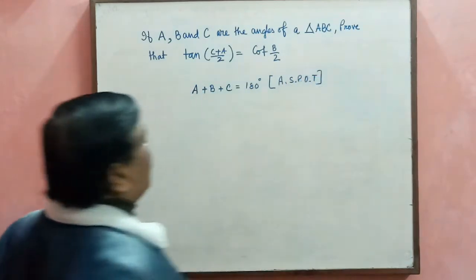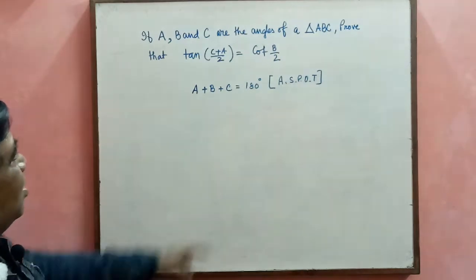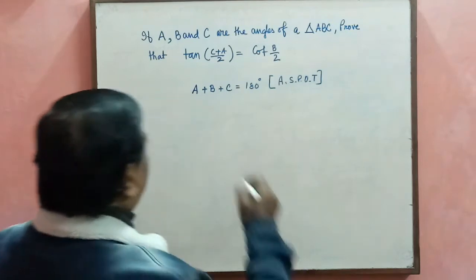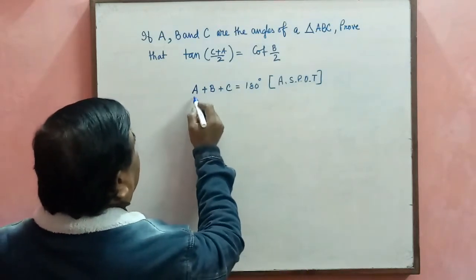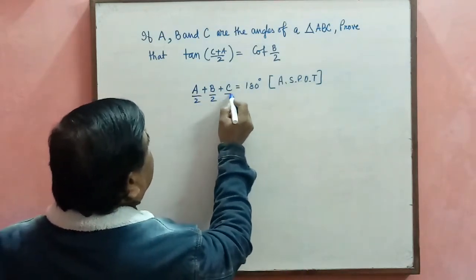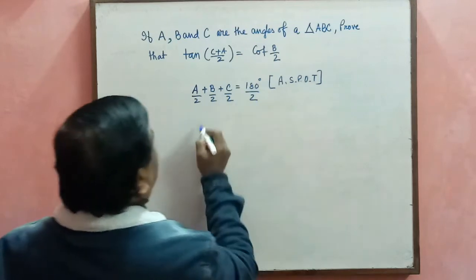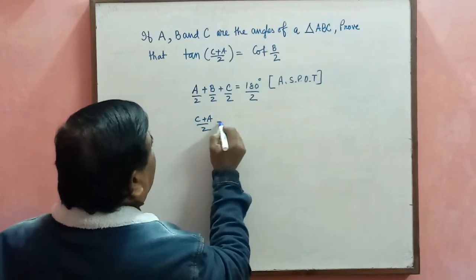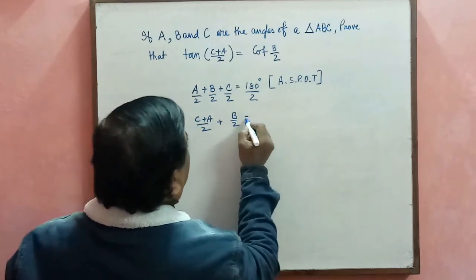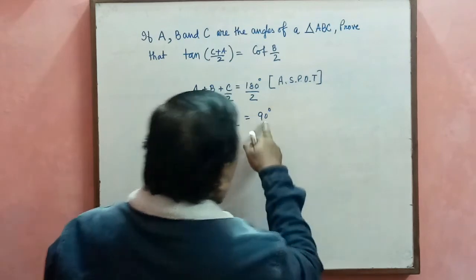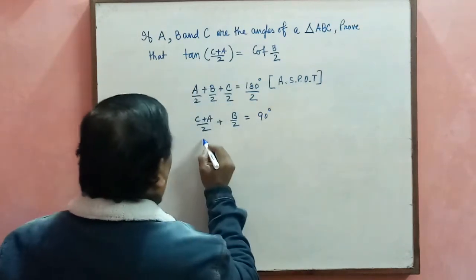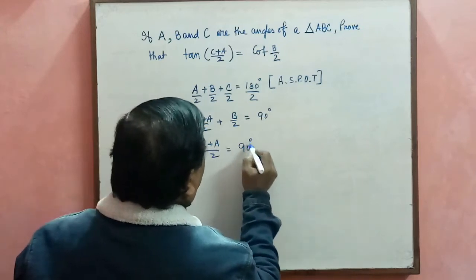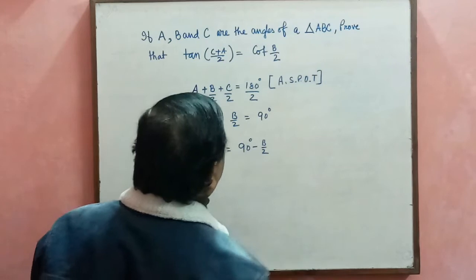This is the angle sum property of triangle. Now C plus A upon 2 is there, B upon 2 is there. So we can divide this way by 2. So this is your C plus A upon 2 plus B upon 2 is equal to 90 degree. Here we have 90 degree. How? C plus A upon 2 is equal to 90 degree minus B upon 2.